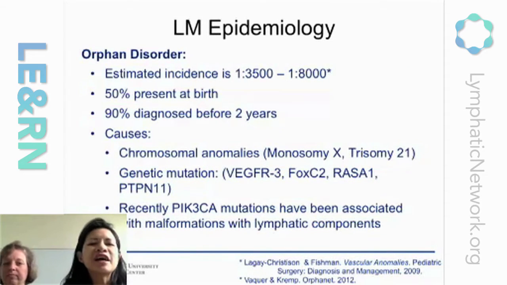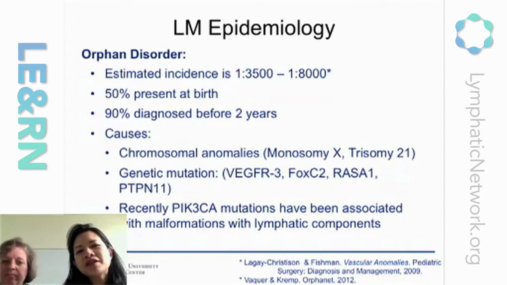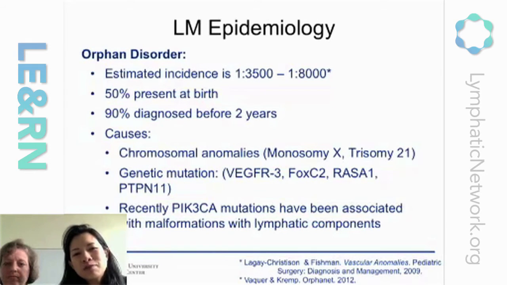And some of the demographic and epidemiologic data: lymphatic malformations are considered an orphan disorder, which in the United States is defined as affecting less than 200,000 people. However, in our estimation and also research into the literature, the estimated incidence is actually much higher, one person out of 3,500 to 8,000.